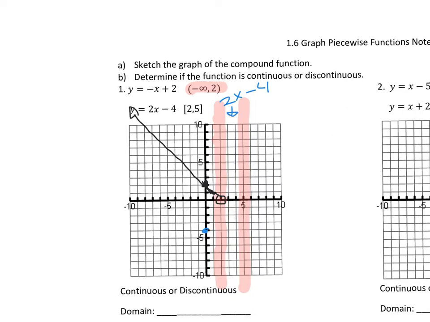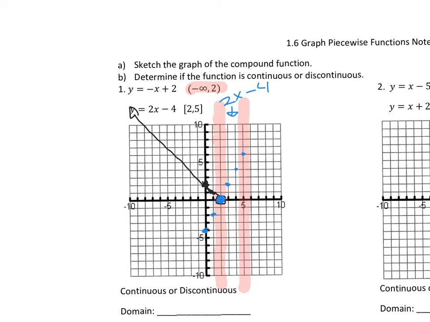So any blue dots that are outside these red lines, I'm going to erase once I finish graphing. So I'm going to go ahead, start at negative 4. I'm going to go up 2 over 1. Up 2 over 1. You'll notice I actually end up filling in that circle there, okay? And then I go up 2 over 1, up 2 over 1, up 2 over 1.